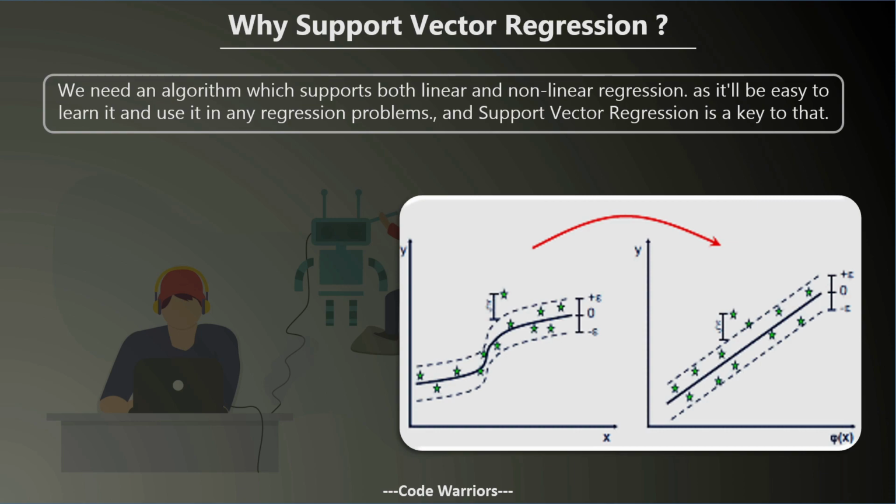So they came up with an idea and tried to create an algorithm, and that is support vector regression. This algorithm supports both linear and nonlinear regression, and that's why it was quite handy and quite useful at that time. But there are a lot of disadvantages and drawbacks of this algorithm, and we will try to understand them later in the session. But we are going to learn about this algorithm first.